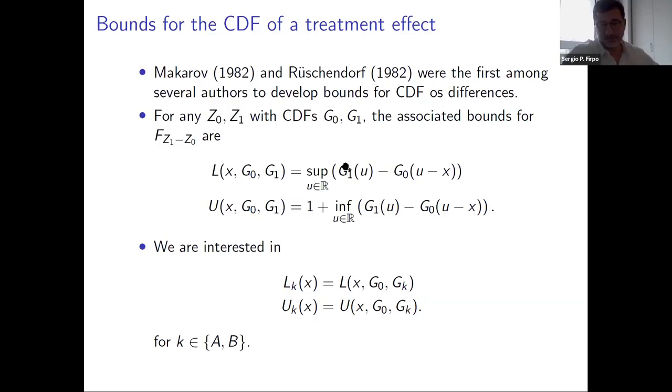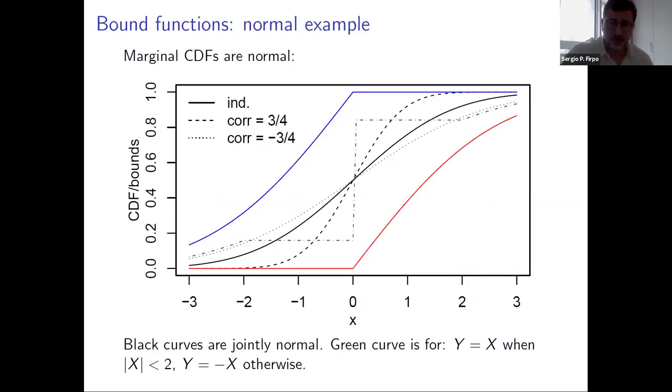Then this is just an example of the type of CDFs. You know the marginals. The marginals are the same, just standard normals. The blue is the upper bound of the Makarov. The red is the lower. And here are possible treatment effect distributions depending on some structure that you put on the joint.